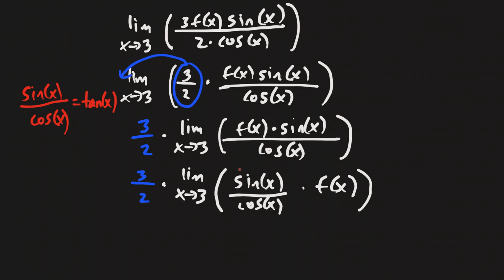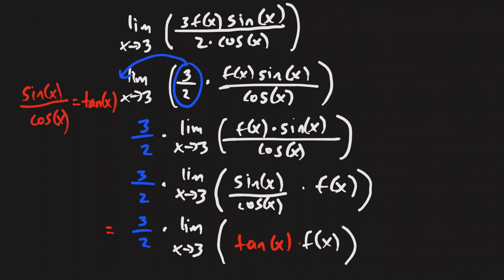So this right over here is tangent of x. So I can rewrite this as 3 over 2 times the limit as x approaches 3 of tangent of x times f of x.